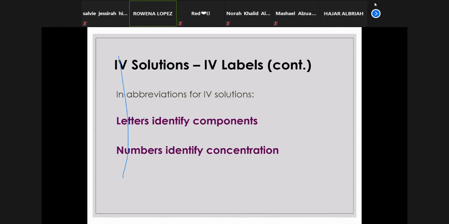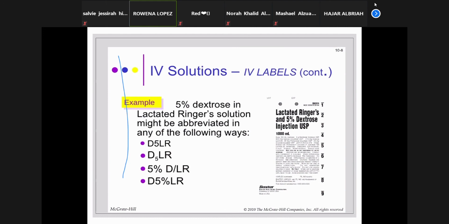We need to remember that in abbreviations for IV fluids or IV solutions, letters identify components and numbers identify concentration. For example, 5% dextrose in lactated Ringer's solution might be abbreviated in any of the following ways: D5LR, D5 LR, and 5% D/LR. They are all the same.